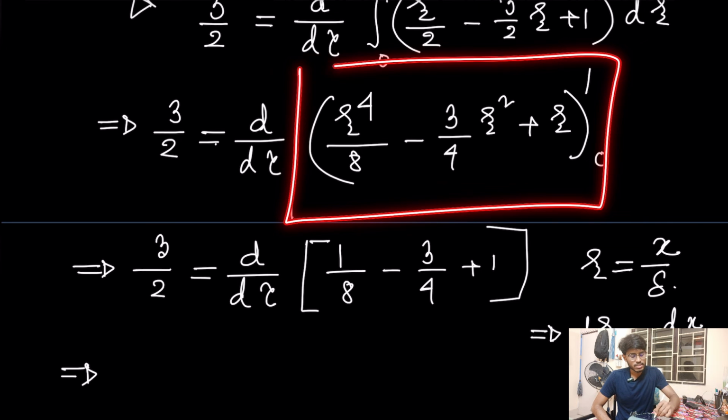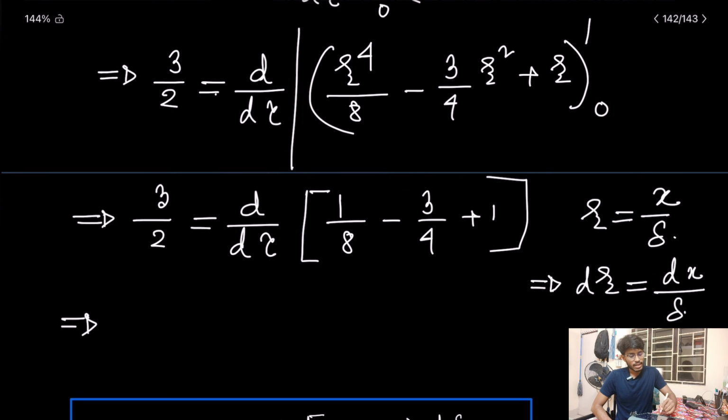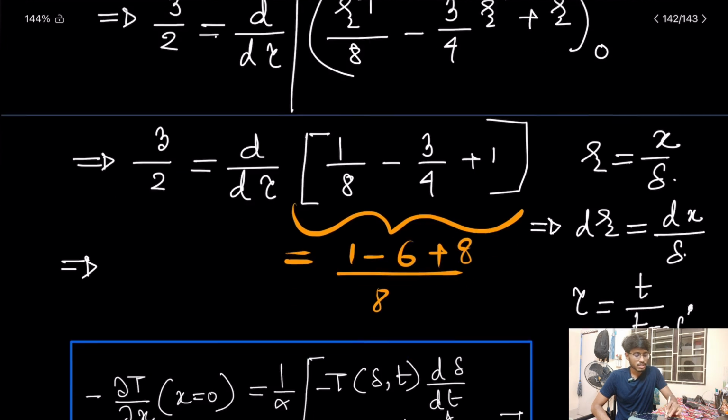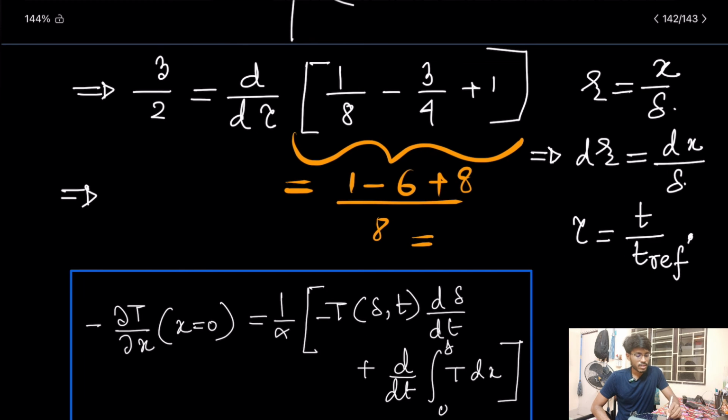So this one is 1 minus 6 plus 8, so that will be 3 by 8 if I am not making any mistake, okay.